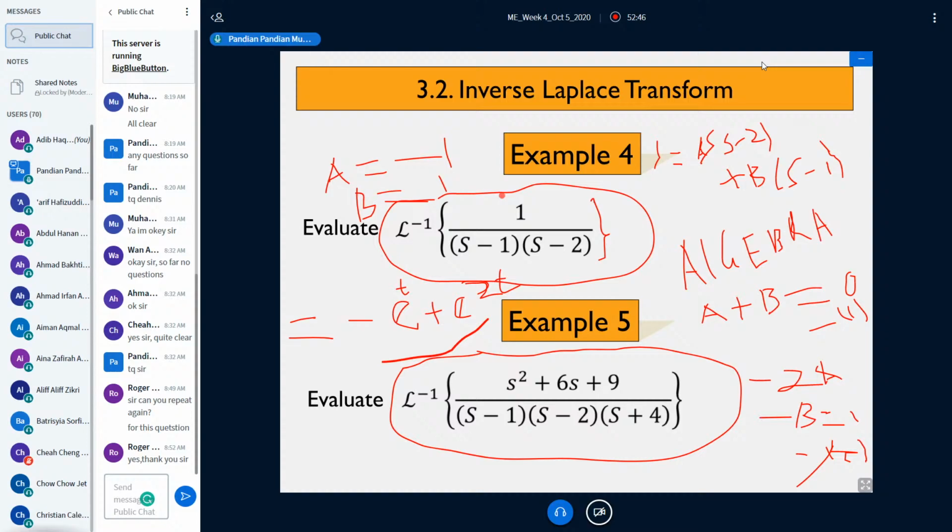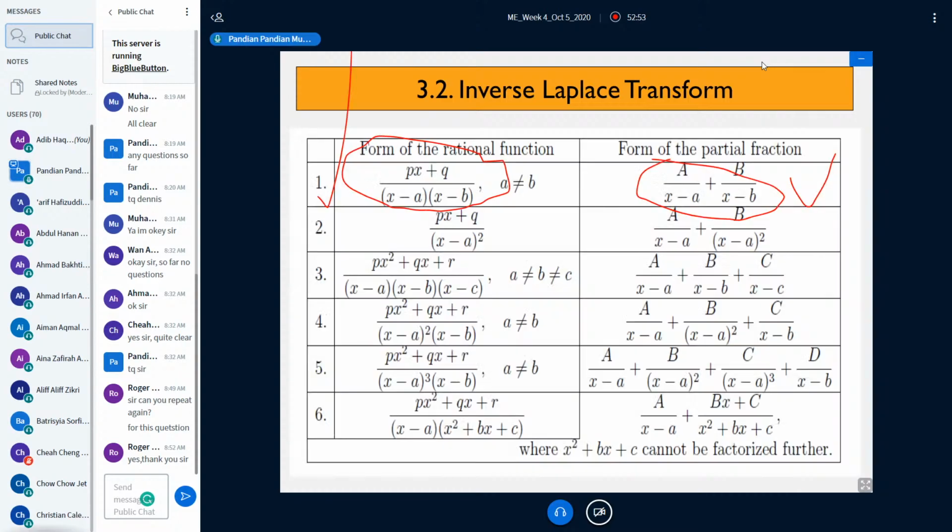I'm talking about the inside one, this one. You take out this, put it inside here. You find your A, you find your B. So the answer I gave you just now, A is minus 1 and your B is 1. You try to work out.